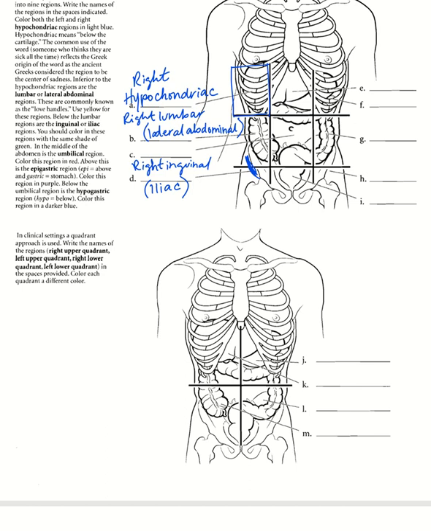If we move to the center, we have the epigastric. Epi is a term meaning above, and gastric means stomach. So this is the section above the stomach. We then have the umbilical, which is the section containing your belly button, because that's where you had your connection of your umbilical cord as a fetus, long, long ago.